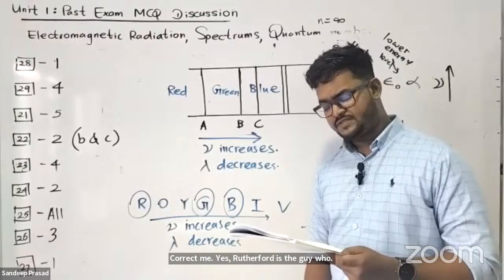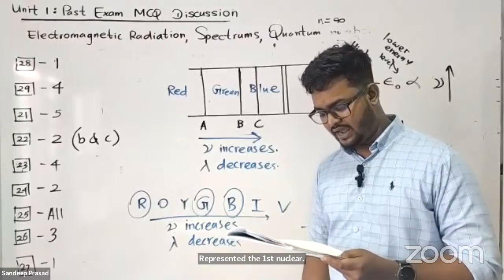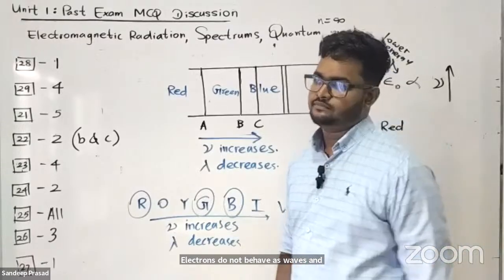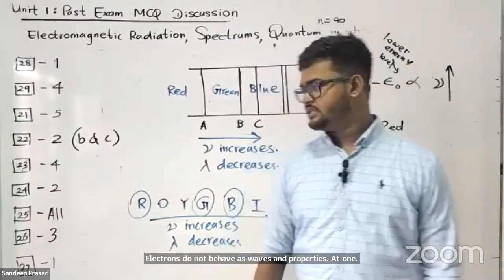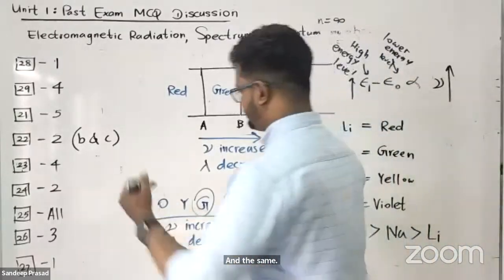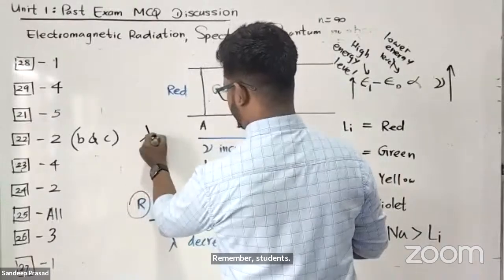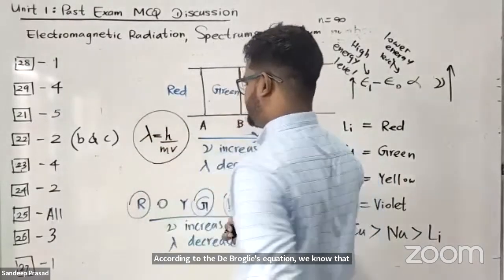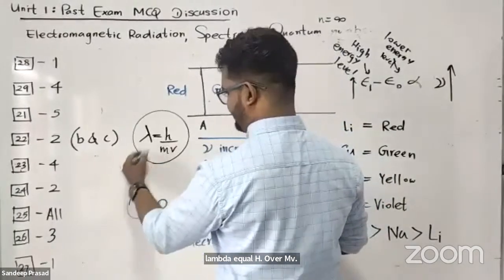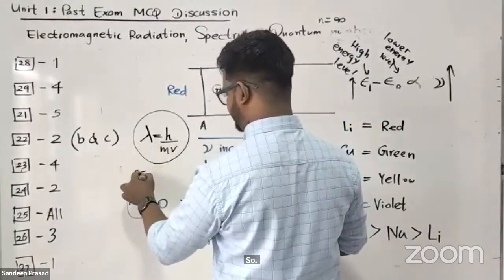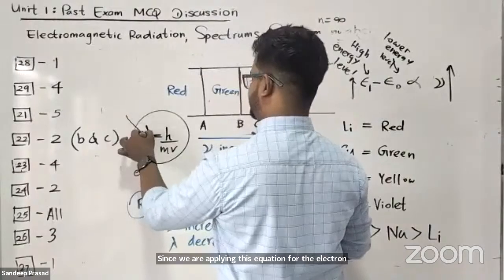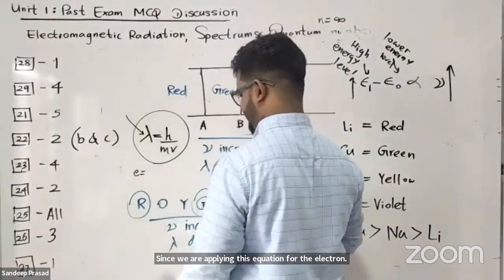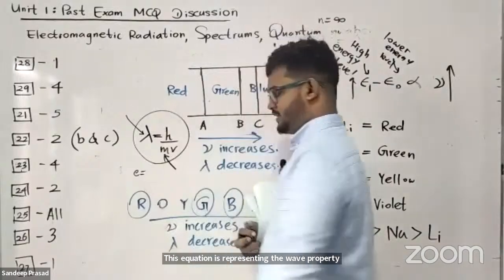Electrons do not behave as waves and particles at one and the same time. Remember, students, according to de Broglie's equation, we know that lambda equals h over mv, right? So since we are applying this equation for the electron, this equation is representing the wave property of the electron as well as the particle property.